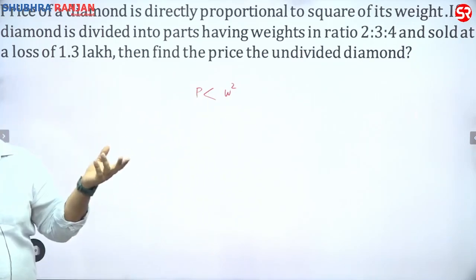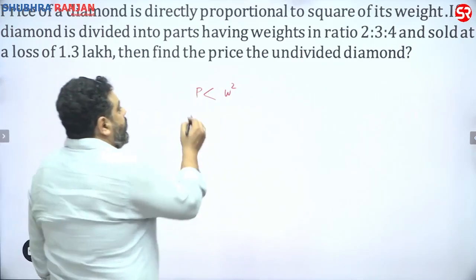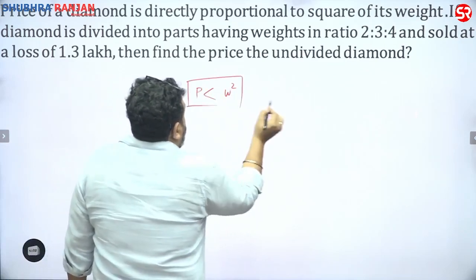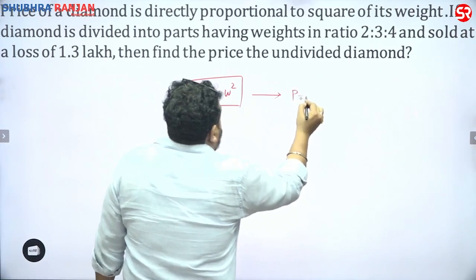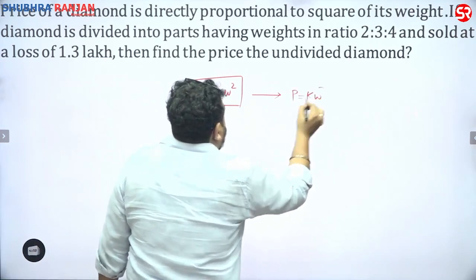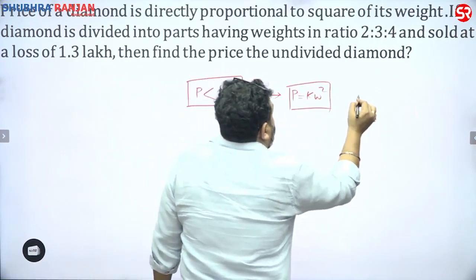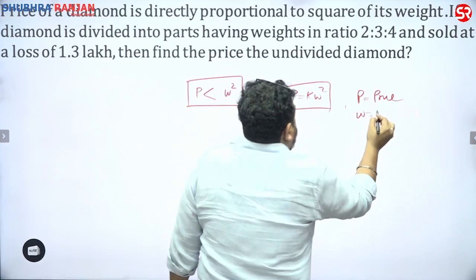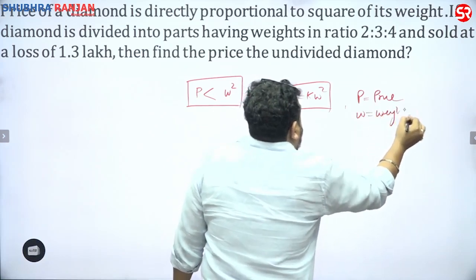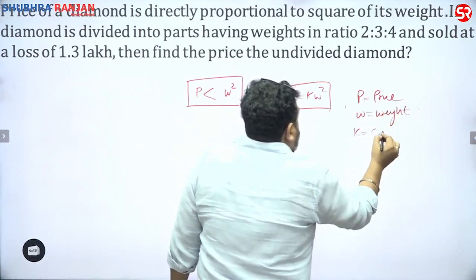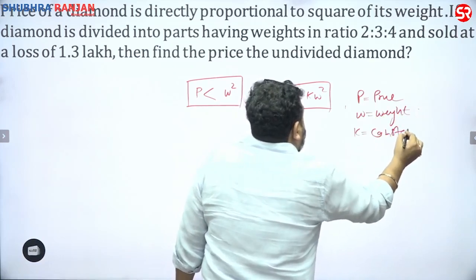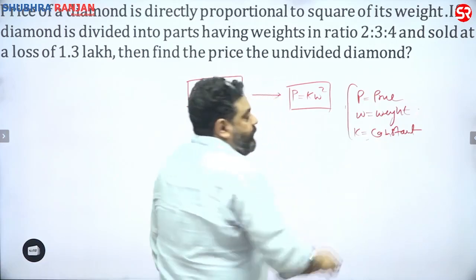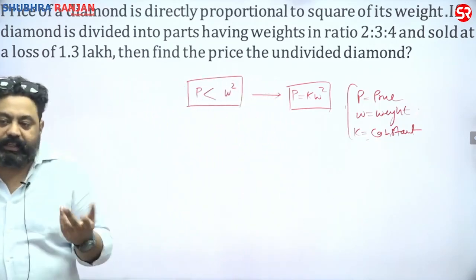So हमारा interpretation इसका ये होता है. Generally, please keep it in mind. Directly proportional means P is equal to K times W square, where P is for price, W is for weight, and K is a constant. Thank you. K is a constant. This is the meaning of directly proportional.